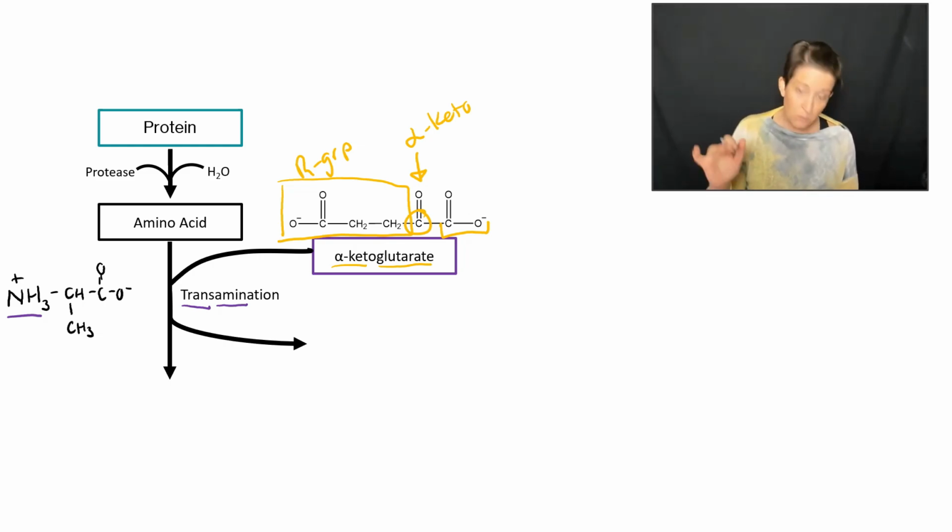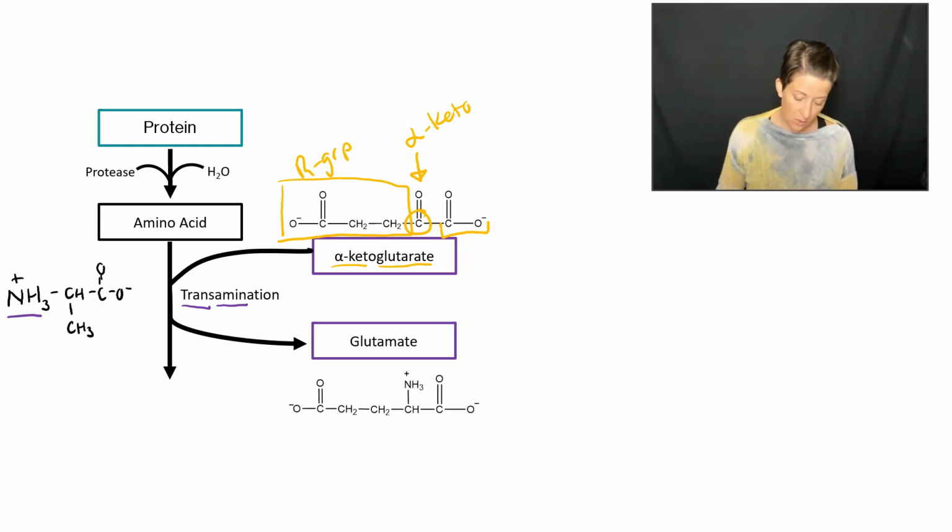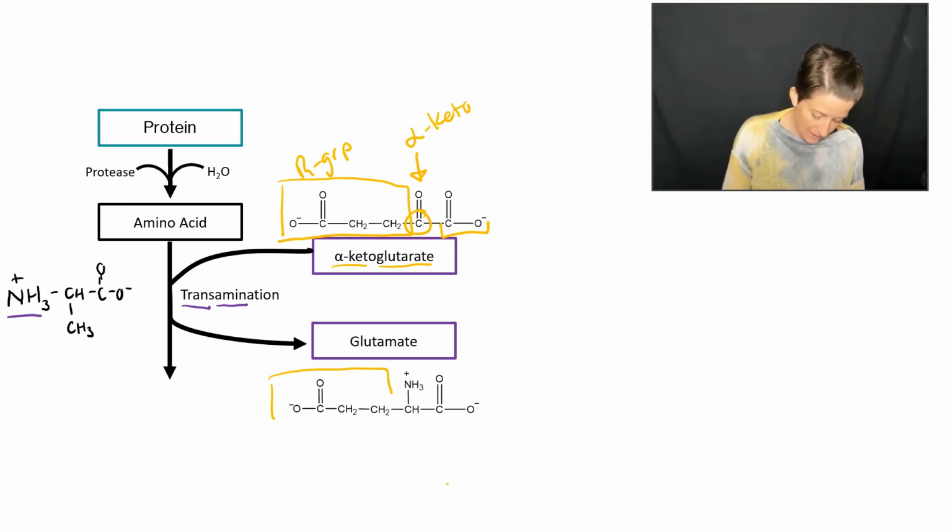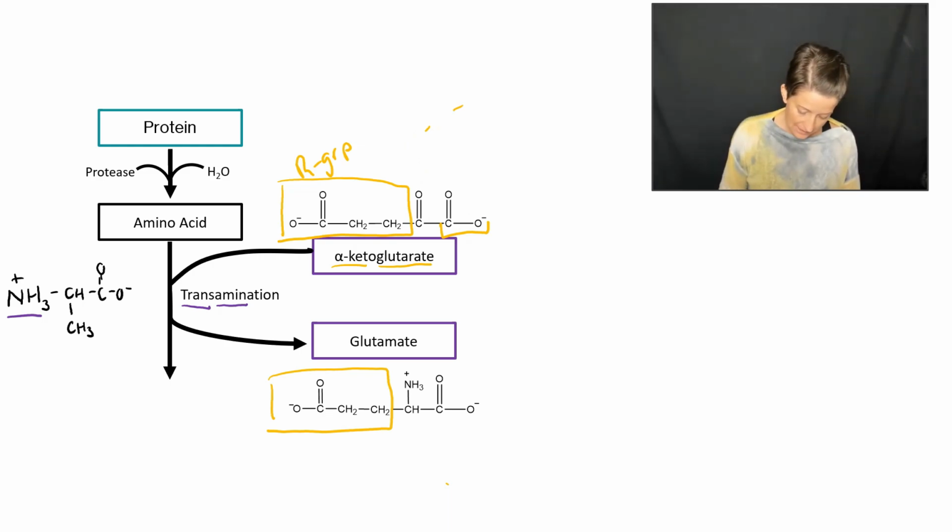We are going to move that amine onto that alpha ketoglutarate. That R group remained the same. Like I said, we're not going to really pay attention to that, but it is the keto group that gets reacted with. So we remove that ketone, it gets transferred. We'll get to that in a minute.